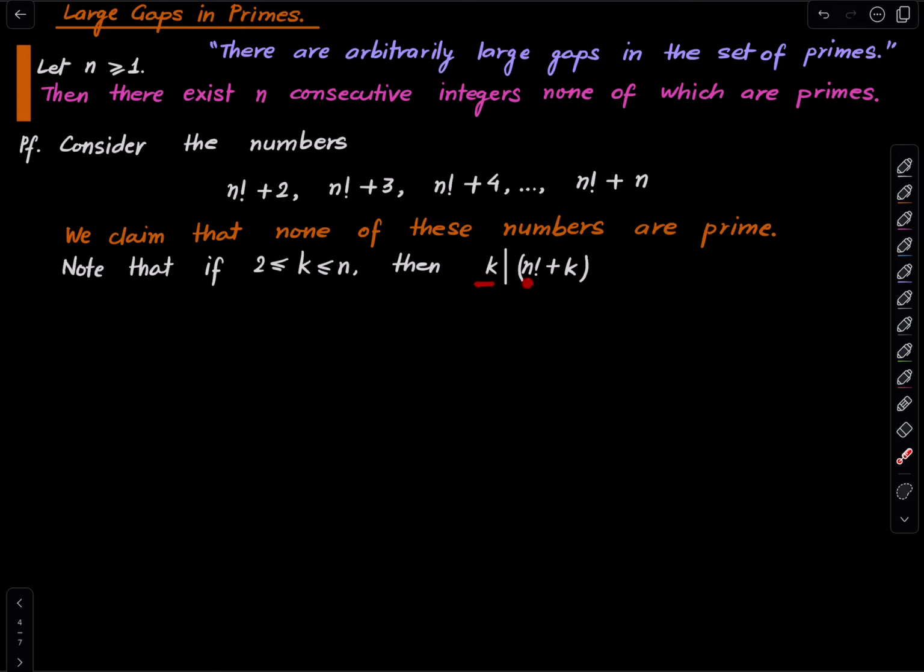So k divides n factorial plus k, and hence n factorial plus k cannot be a prime number because it is greater than k and admits a non-trivial divisor. It admits a positive divisor which is greater than 1. So that's it. So this cannot be a prime. I don't want to write anything more. That is the proof. So there are arbitrarily large gaps in primes.